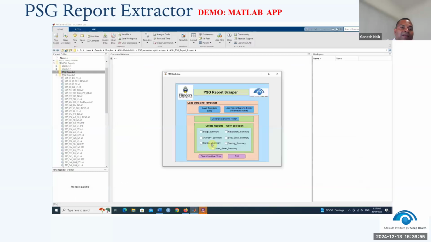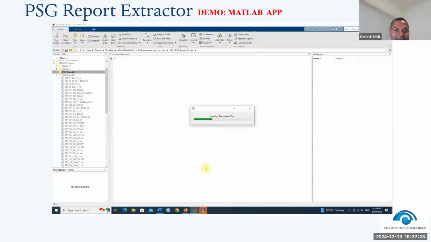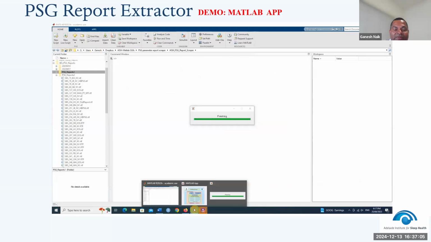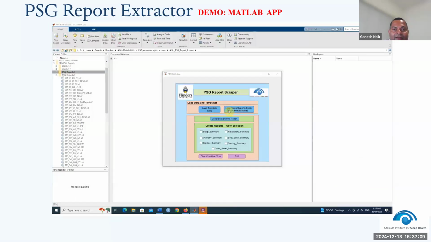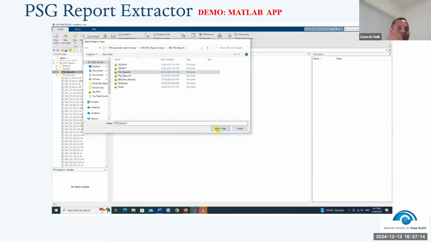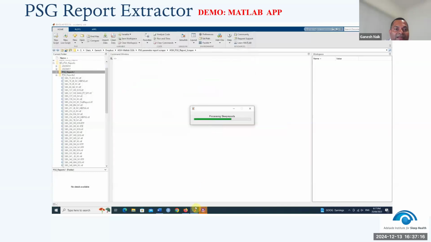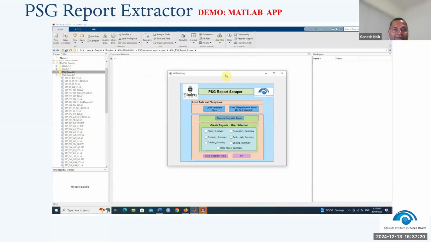From this report, I loaded the data into a folder, and then I load a template, and it processes the template file. Once the template is loaded, you just load the entire folder so that it reads each file name, and now it's ready to extract.